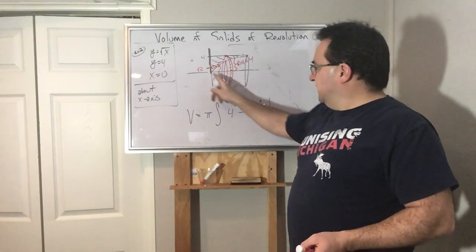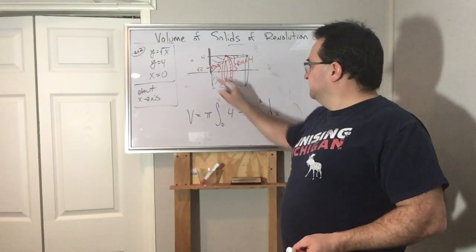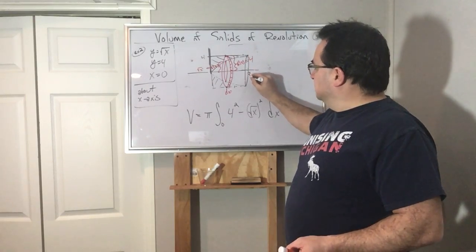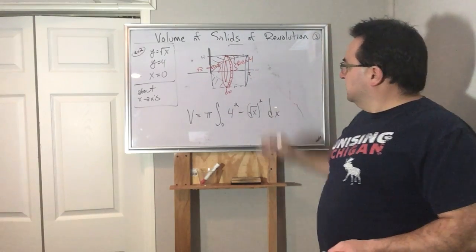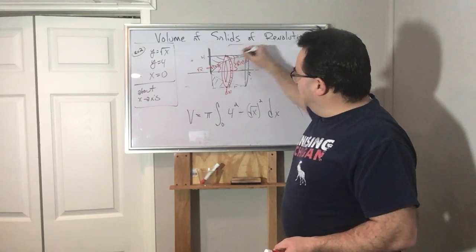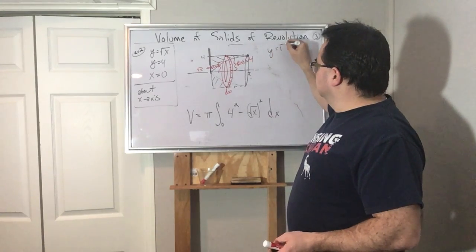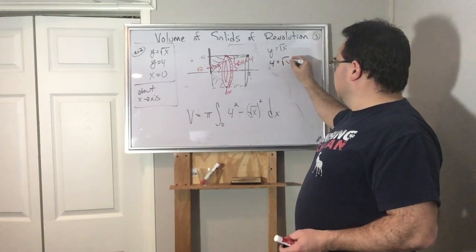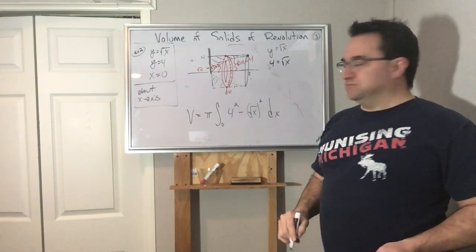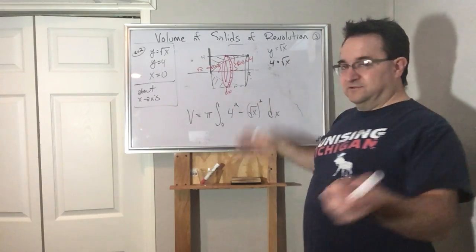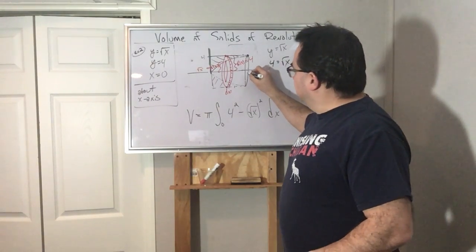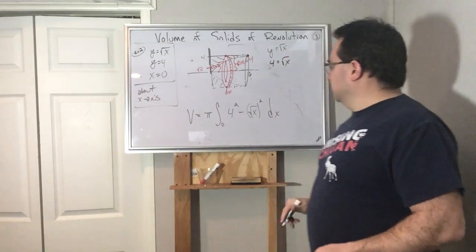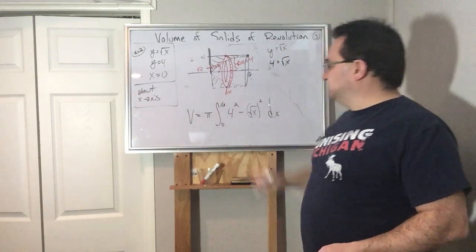Since my low x is 0, and my high x, I don't know where that is. But I do know that that point is on y equals root x, and I know that y equals 4. So I'm pretty sure x would have to be 16, square both sides. So when x is 16, y would be up at 4 units. So that's 16 right there.